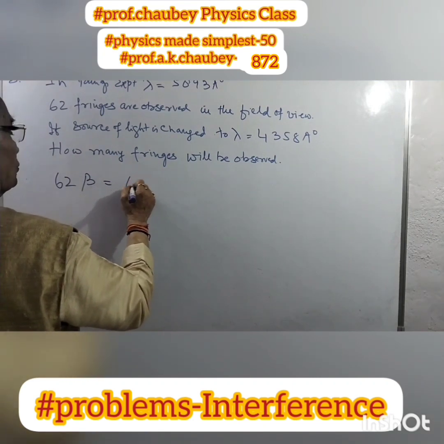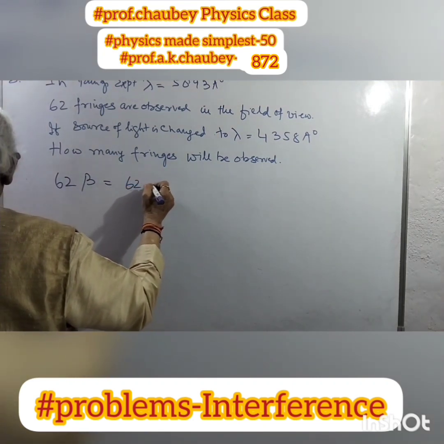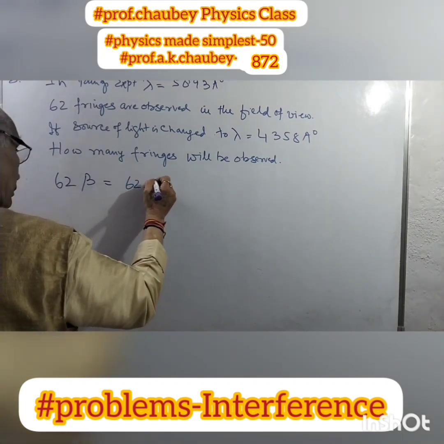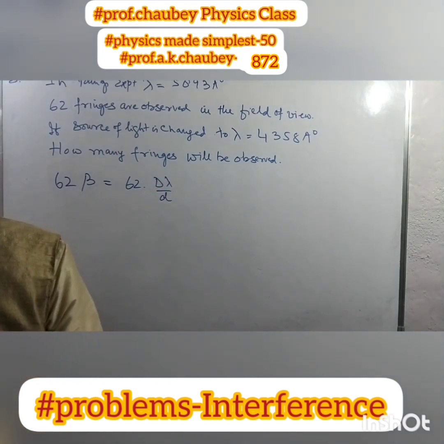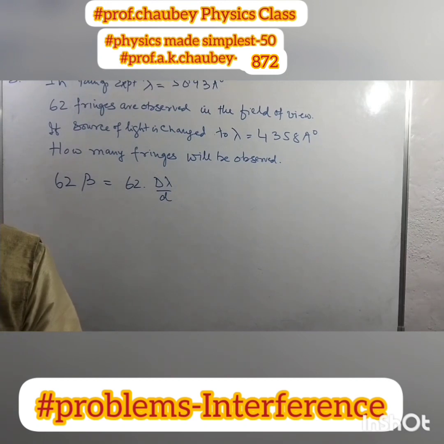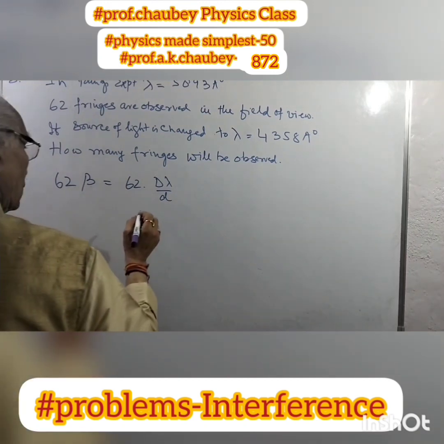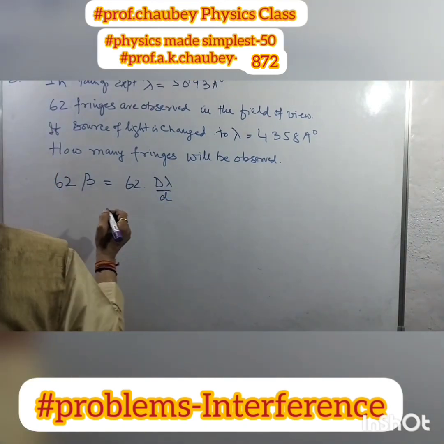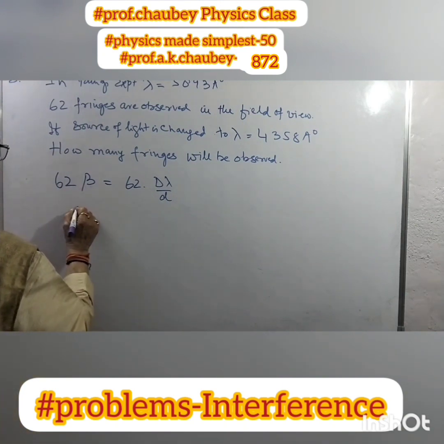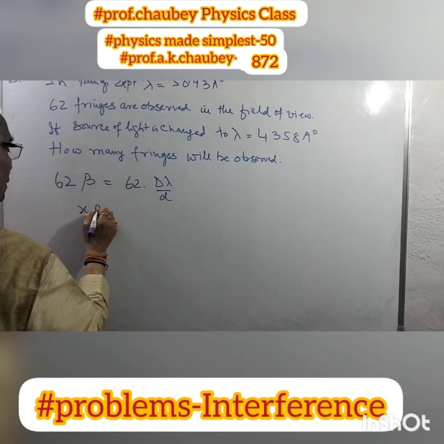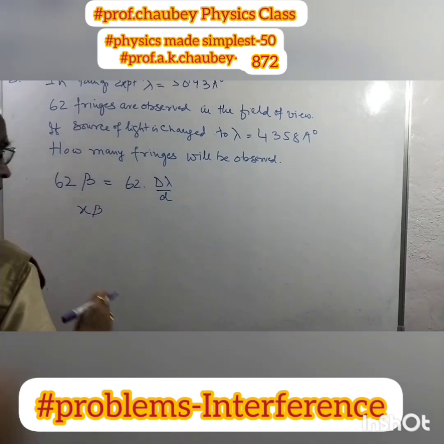So that is 62 lambda D over d. So you can find out, with lambda, x fringes are observed.